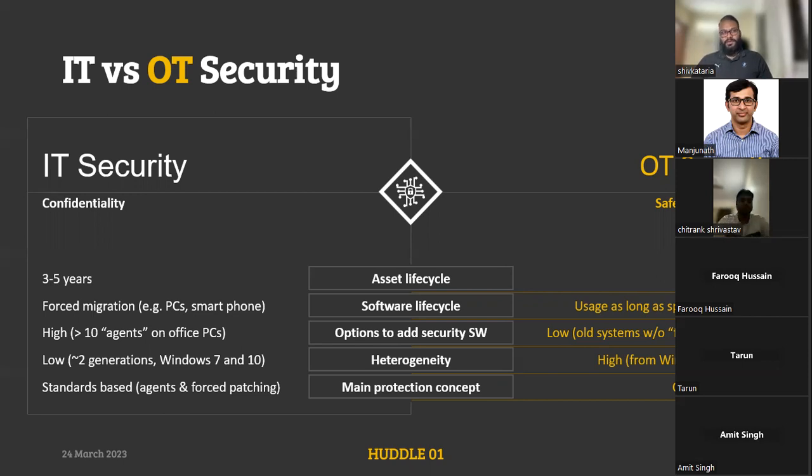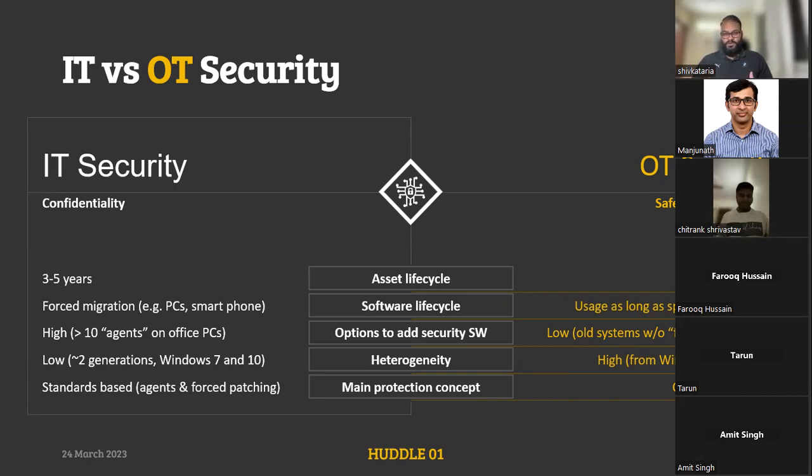Also, take security technologies like antivirus. Antivirus is currently so sophisticated that it requires huge resources and memory. But old OT systems designed with, let's say, 2 GB or 512 MB of RAM would not be able to handle the load of running a malware engine, and they would also not be backward compatible with those older Windows systems. So these are the differences in protecting an OT system versus an IT system.